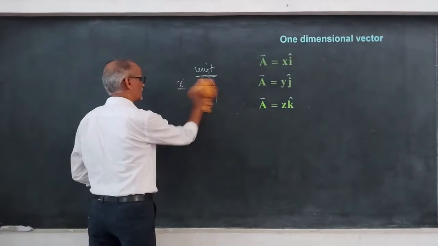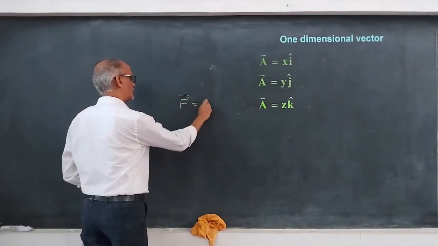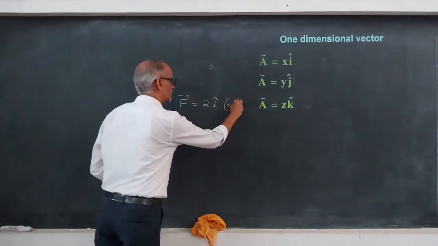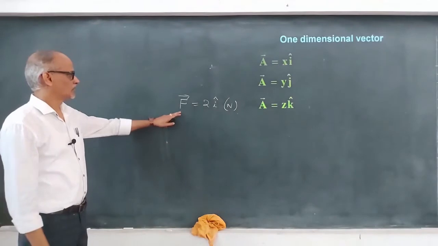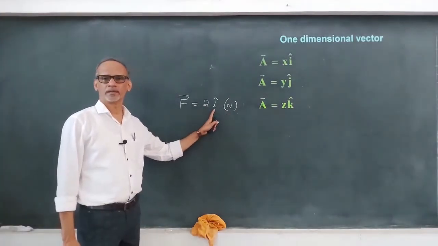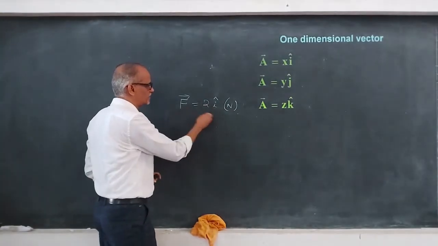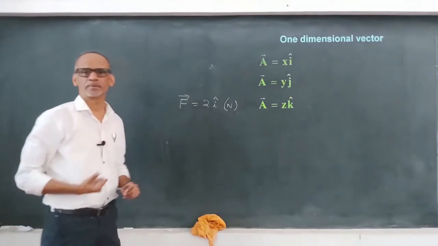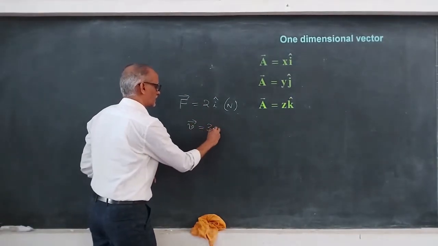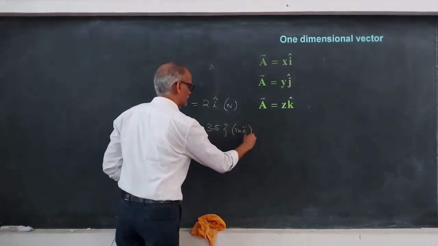Okay. I am going to write a force. Vector F is equal to 2 i cap Newton. This indicates that a force of 2 Newton acts along the x axis. See, the moment you write in vector form, you get to know even the direction of that particular physical quantity. I am going to write a velocity, 3.5 j cap meter per second.